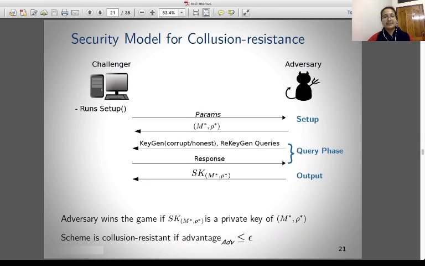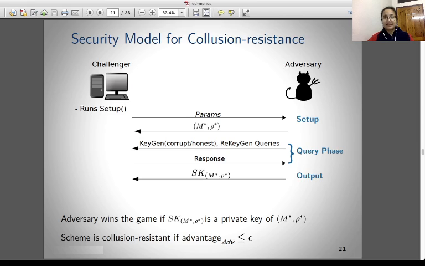So here is the security model for collusion resistance. It is again a game played between the challenger and adversary, where the challenger runs the setup algorithm, generates the public parameters, and sends them to the adversary. The adversary now generates a target access structure and sends it to the challenger.